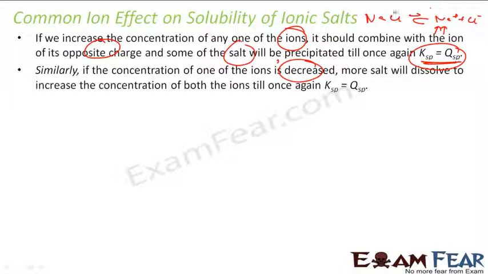That means more and more salt will be dissolved. And if you increase the Na plus, the equilibrium will shift to the left-hand side and NaCl will come out of the solution. Correct? Hope you understand this. If you increase this, equilibrium will move in this direction and NaCl will come out. If you decrease this, equilibrium will move in this direction and more salt will be dissolved.